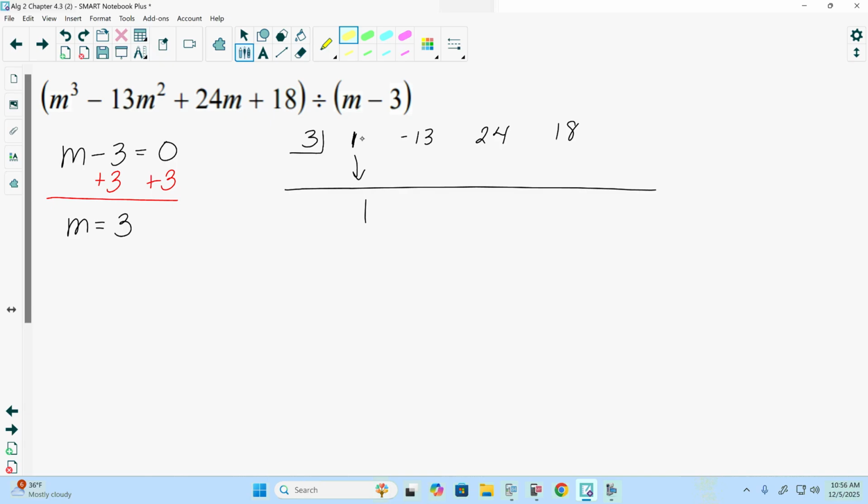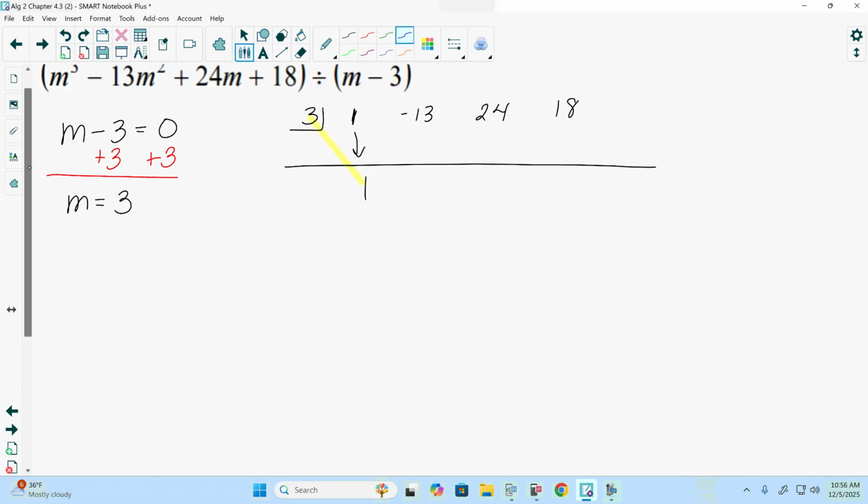I'm doing this so that we can see how it connects. Because the first thing we're going to do is multiply the number inside the cubby with the number below the line. So that's going to be 3 times 1, which is 3.